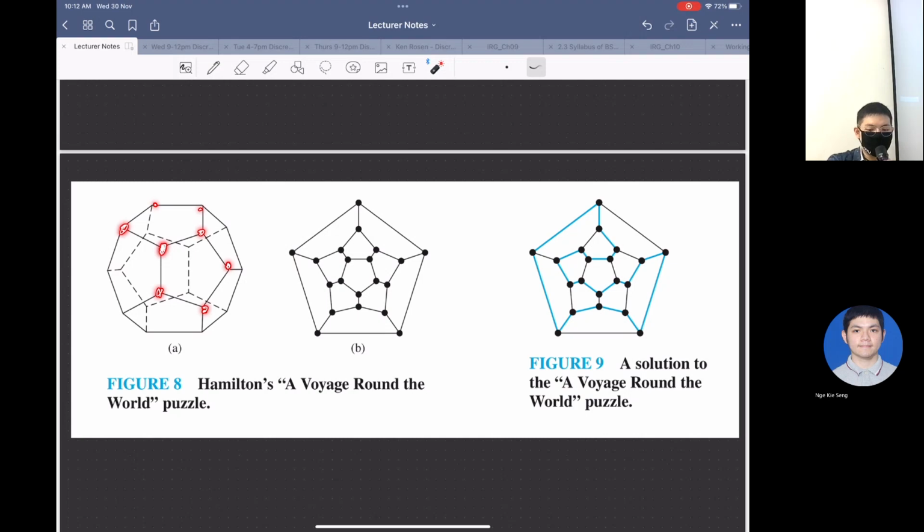You want to visit them without revisiting. What you can do is smash this dodecahedron down so it becomes flat like this. Can you imagine? You see this hexagon here.